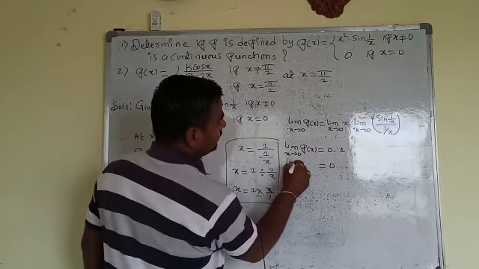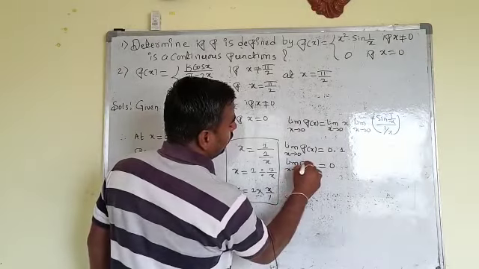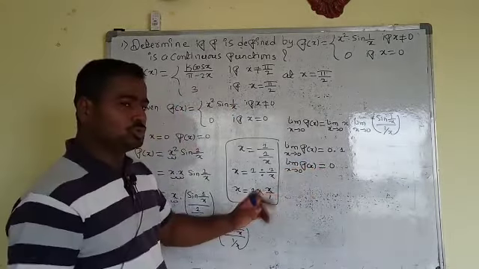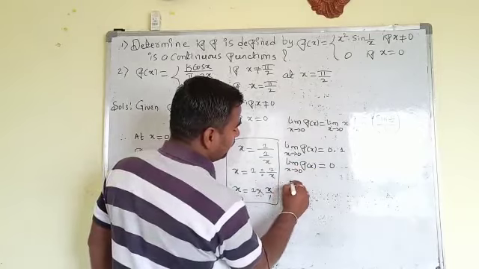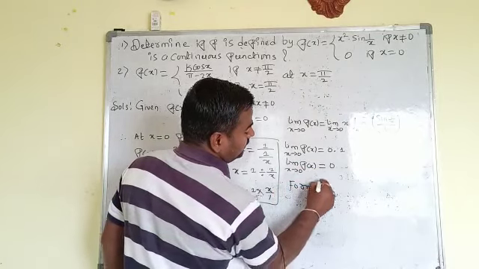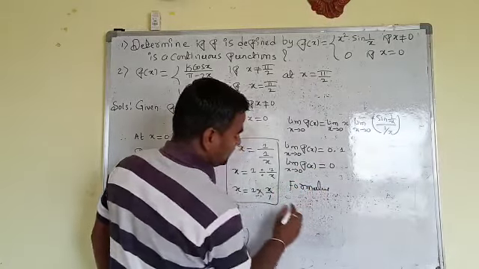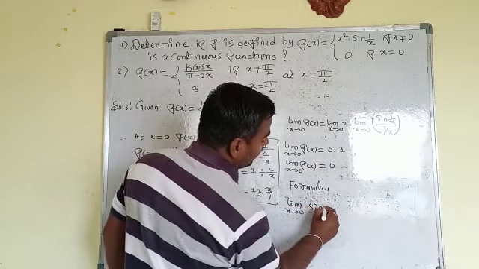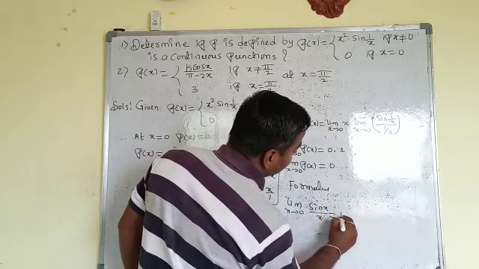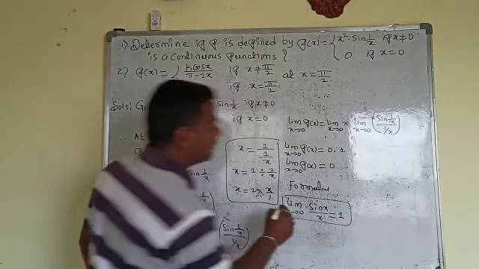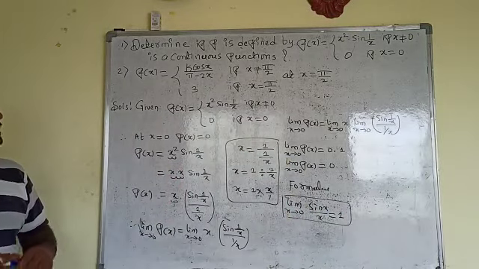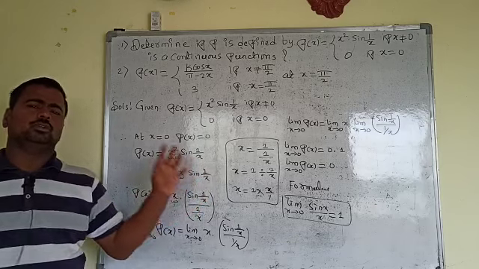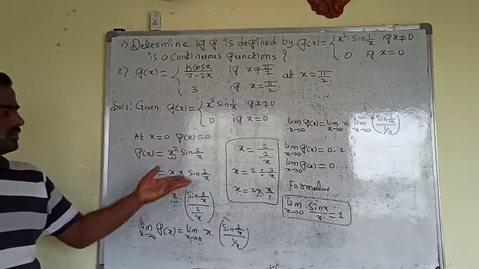So limit x tends to 0, f of x. Why am I going to write one standard formula? Which formula can we express? Sandwich theorem: limit x tends to 0, sine x by x is 1. In this formula I can apply here. So this is the most important problem we discuss in this session.